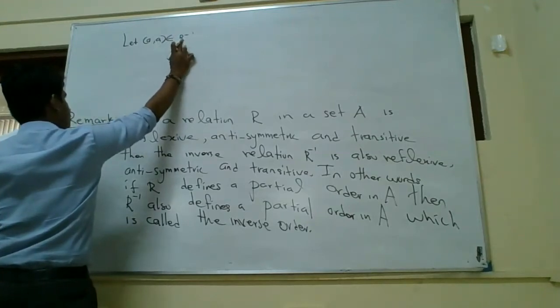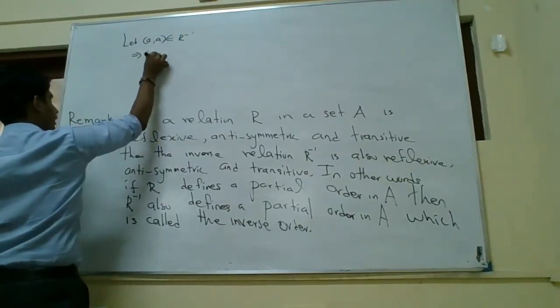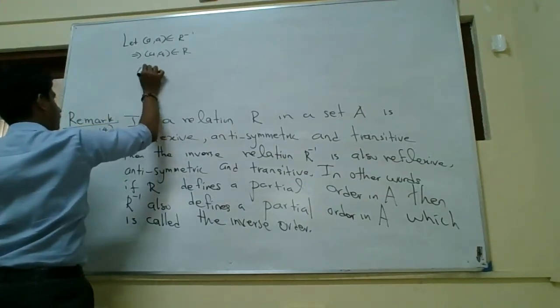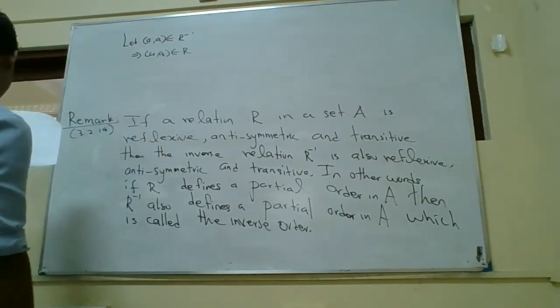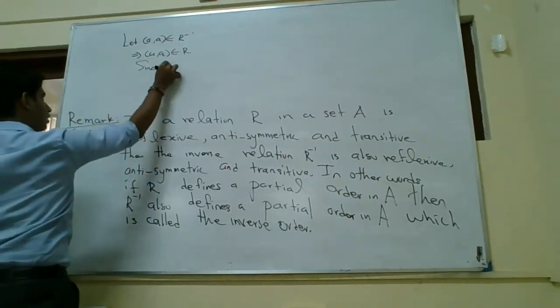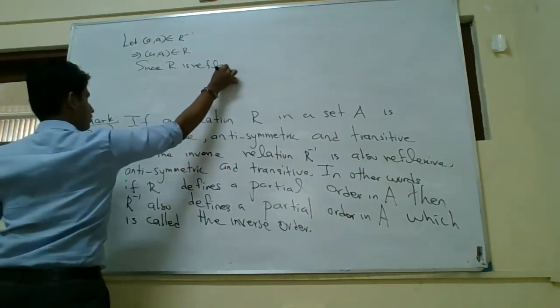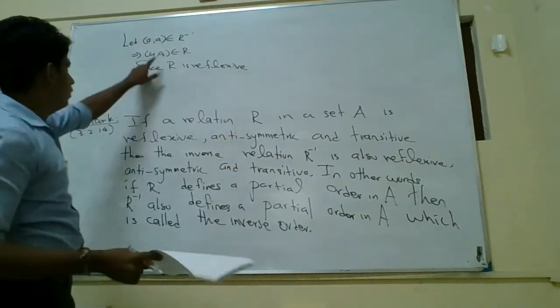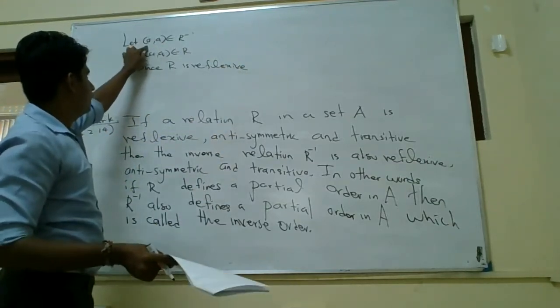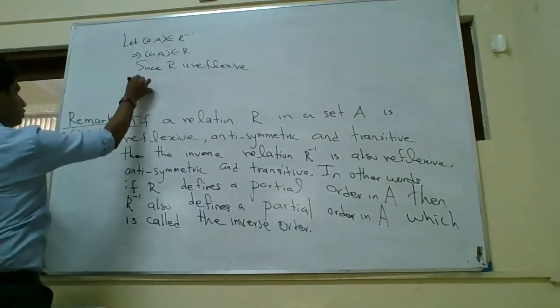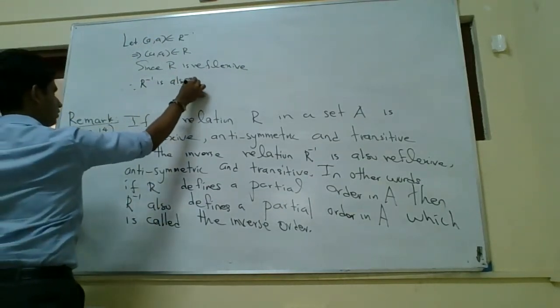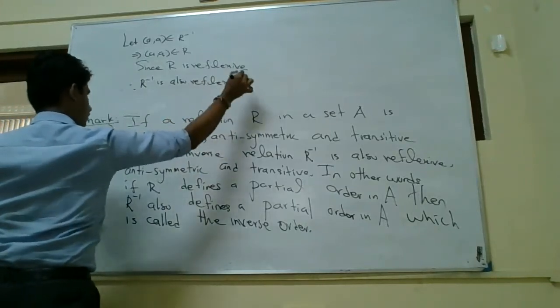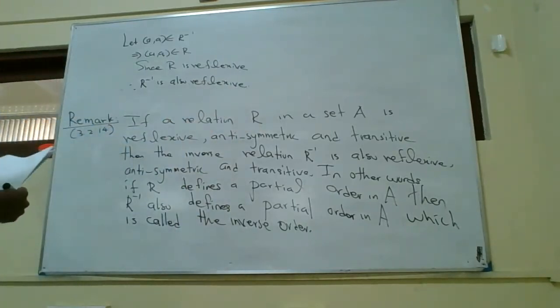You know the definition of R inverse, so it means (a, a) belongs to R. But R is reflexive, which means (a, a) belongs to R. Therefore, (a, a) belongs to R inverse. Therefore R inverse is also reflexive.